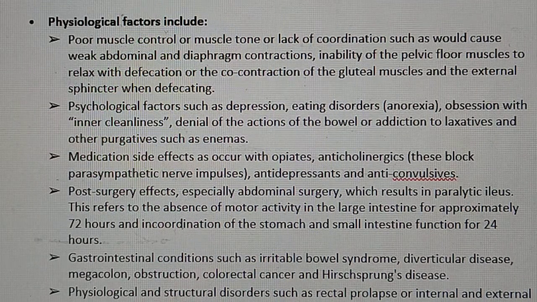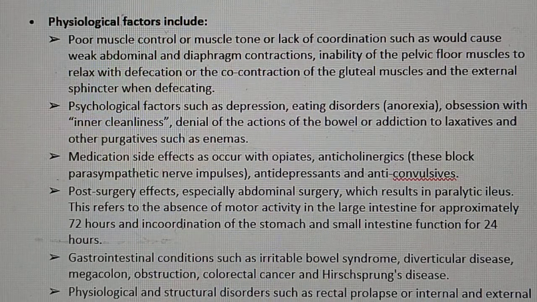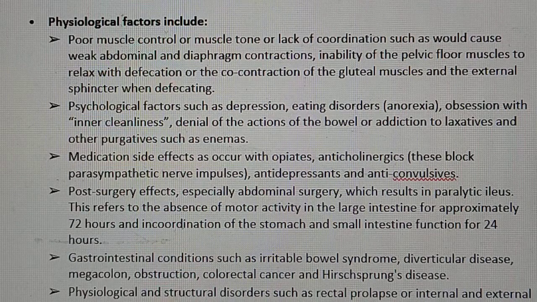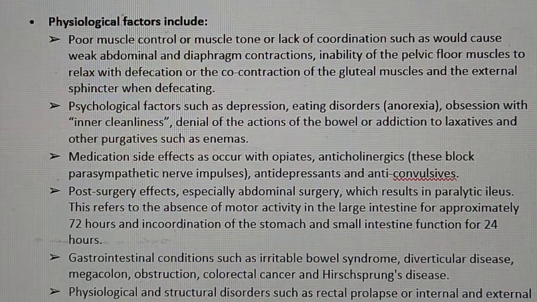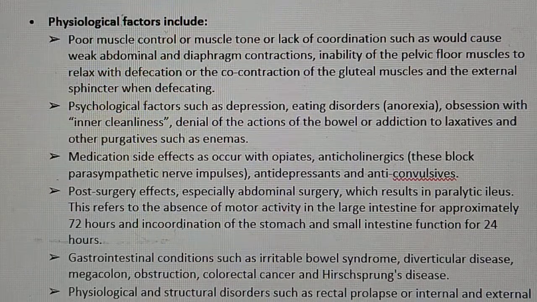Okay, so gastrointestinal conditions, stomach and colon conditions, such as irritable bowel syndrome, diverticular disease, megacolon or enlarged colon, obstruction, colorectal cancer, colon and rectum cancer, and Hirschsprung disease. All of these diseases are gastrointestinal conditions.